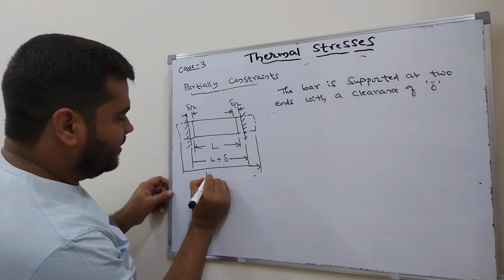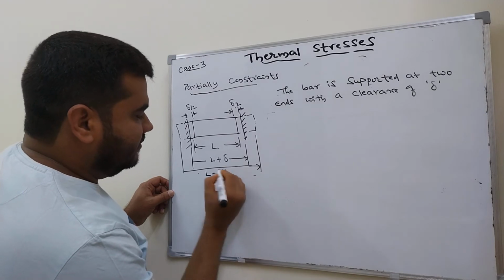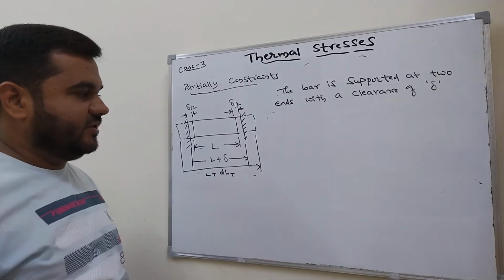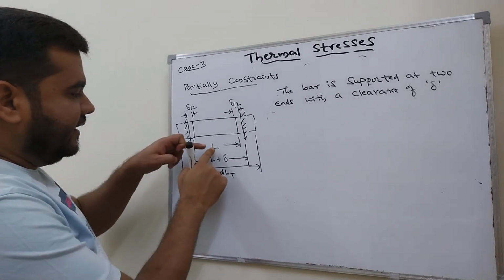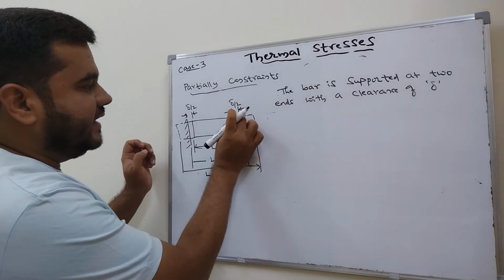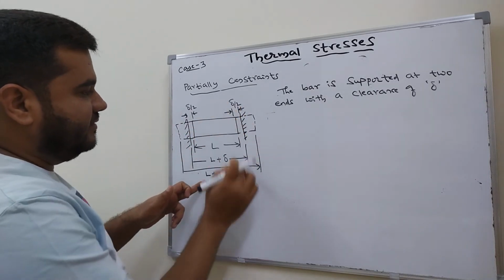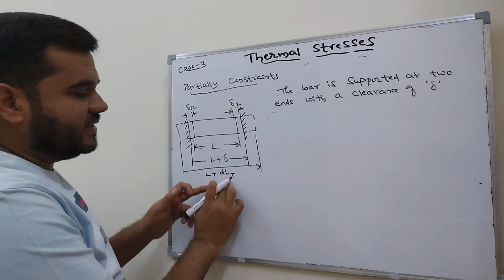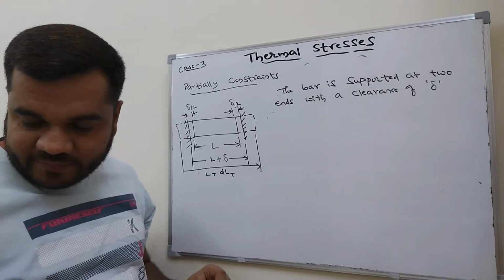It is L plus the change in length due to thermal expansion. Now we know L, and we know delta, the clearance distance between the two rigid supports, and after expansion the total distance is L plus dl by t here.